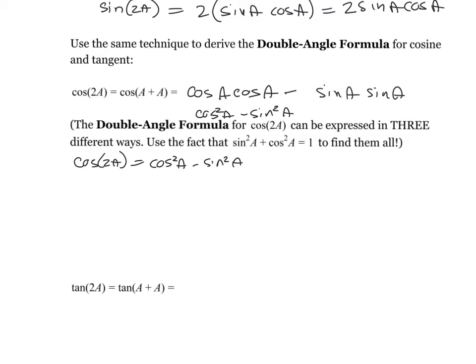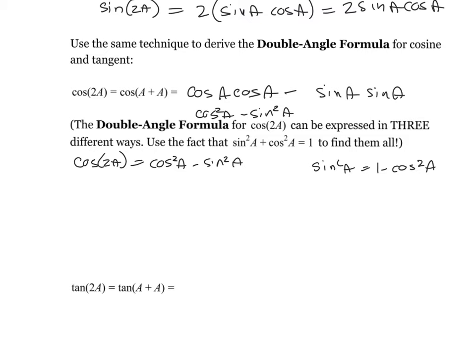All right. So let's try finding a substitution for sine squared of a using the Pythagorean identity. So one way of writing the Pythagorean identity would be to say that sine squared of a equals 1 minus cosine squared of a. So that's a rewriting of the Pythagorean identity.